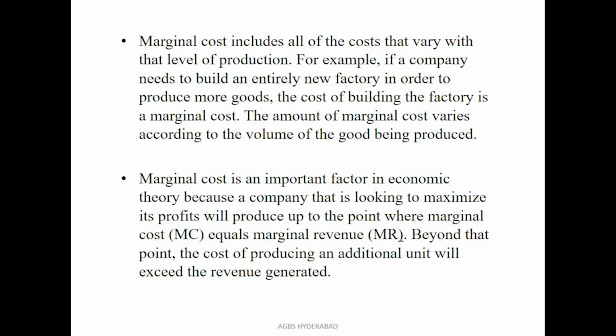Marginal costing is an important factor in economic theory, because a company that is looking to maximize its profit will produce up to the point where marginal cost equals marginal revenue. Beyond that point, the cost of producing an additional unit will exceed the revenue generated.